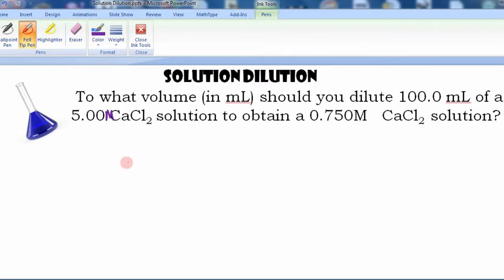So let's write our equation out, and remember, this should be 5.